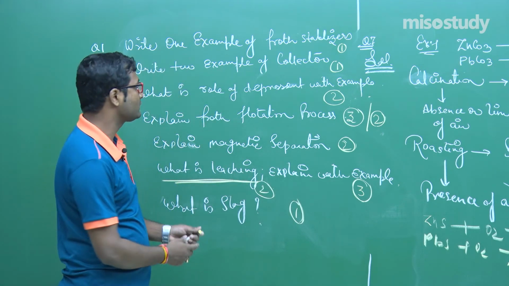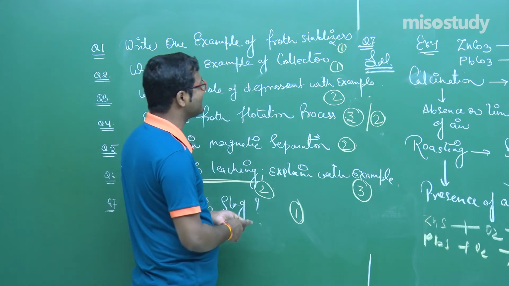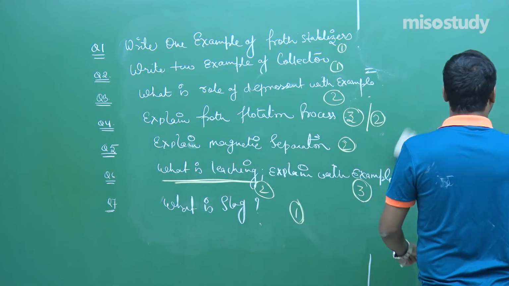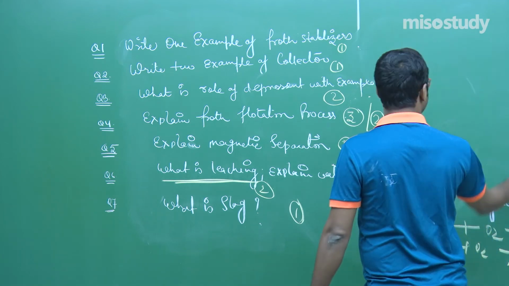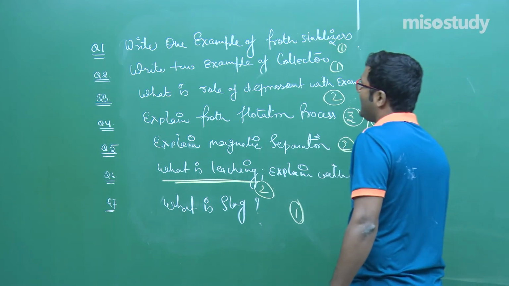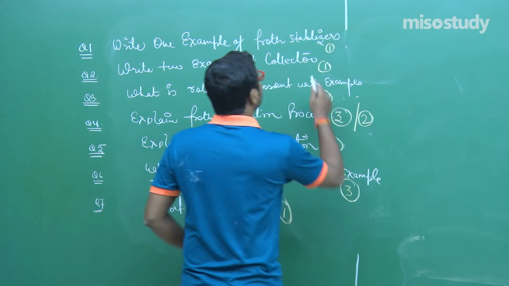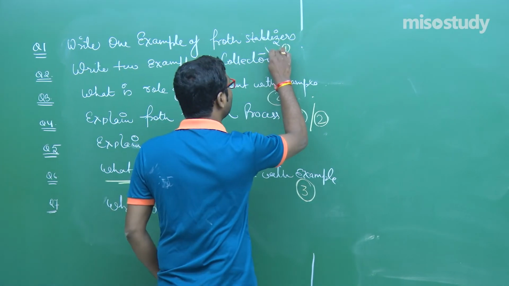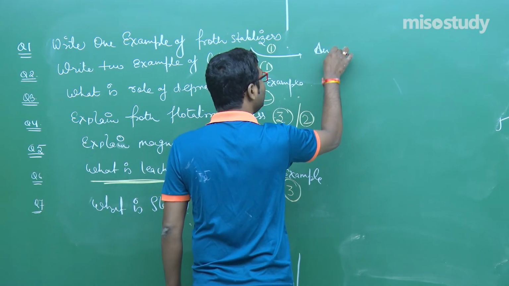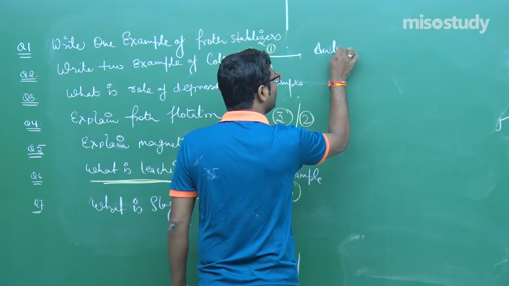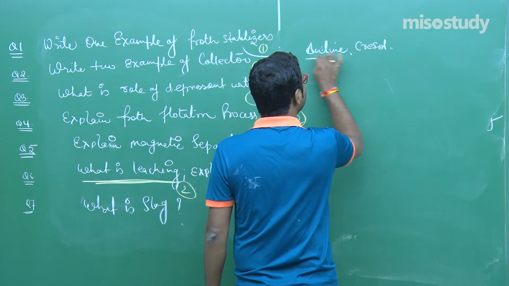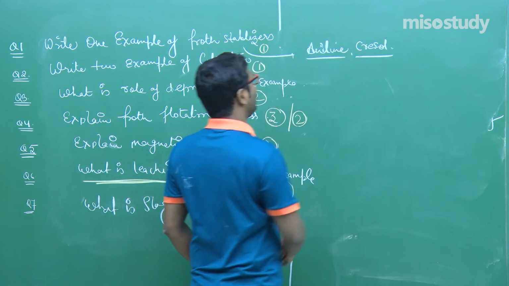Now, how to approach the question? Write one example of froth stabilizers. If anyone asks you for an example of froth stabilizers, it is very simple. The stabilizers stabilize the froth. Generally, we use aniline, remember this, aniline and cresol are used as froth stabilizers.